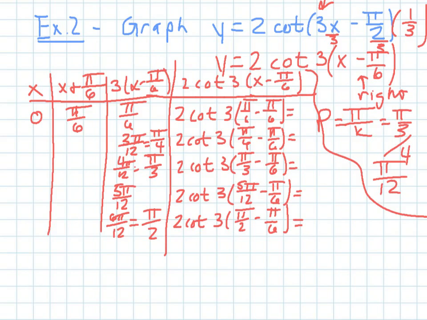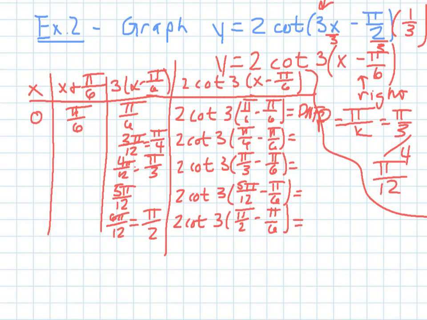So now, doing the simple math, pi over 6 minus pi over 6 is 0, 0 times 3 is 0. Now cotangent, we already talked about it. The pattern is undefined, -1, 1, 0, -1, and then undefined again. So here, because we get cotangent of 0, that was undefined.